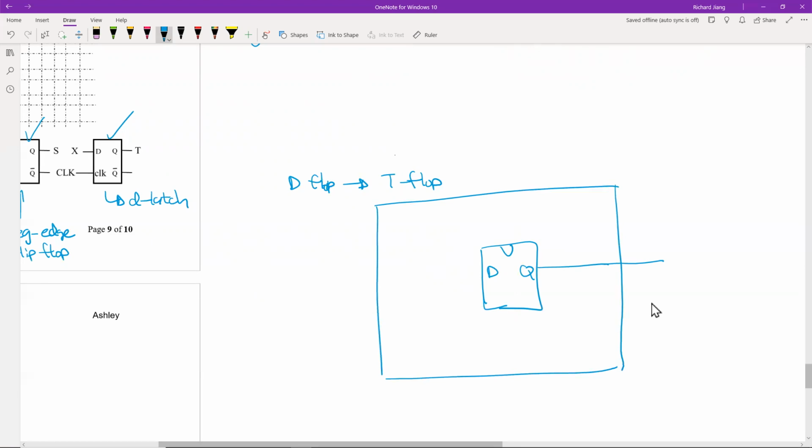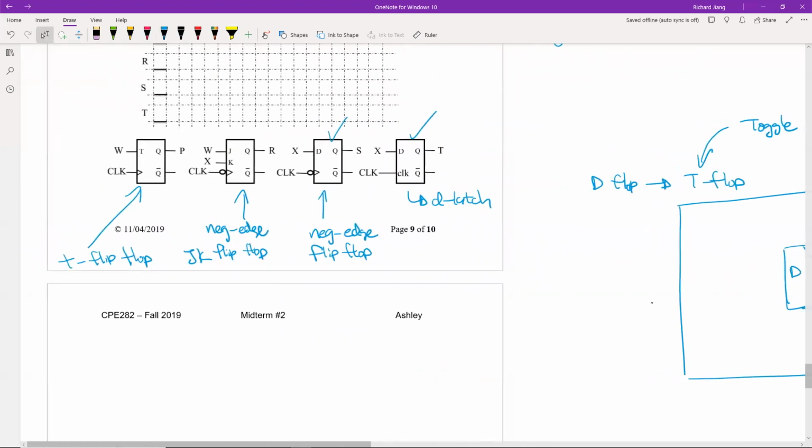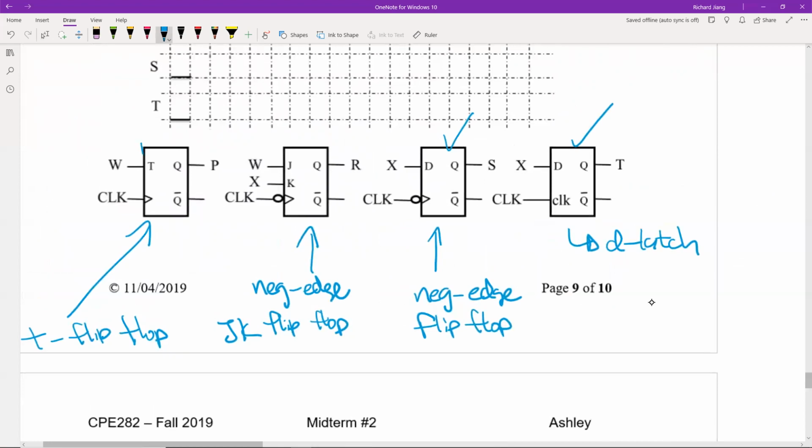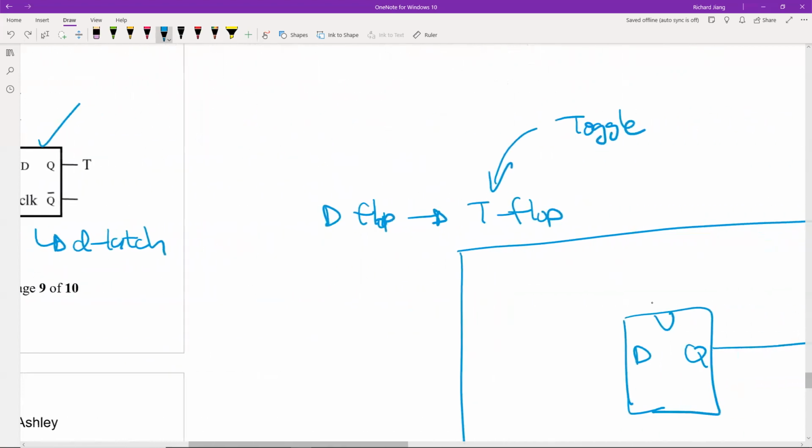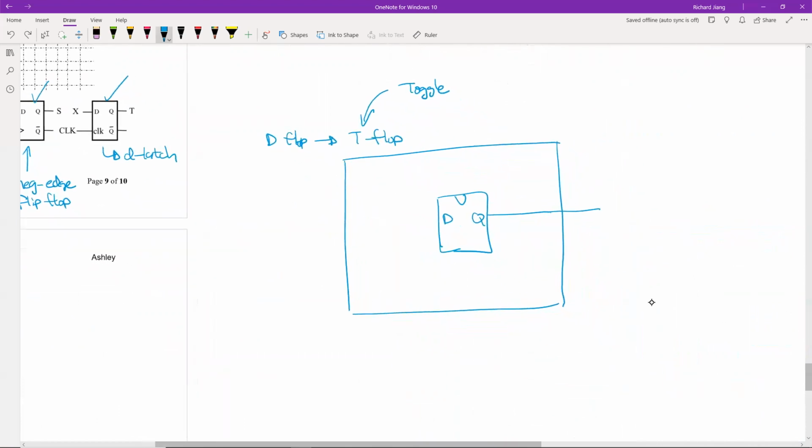The T stands for toggle again. The inputs to the T flip flop look like this: there's a T and there's a clock. The clock input will obviously connect to the clock input of the DQ flip flop.